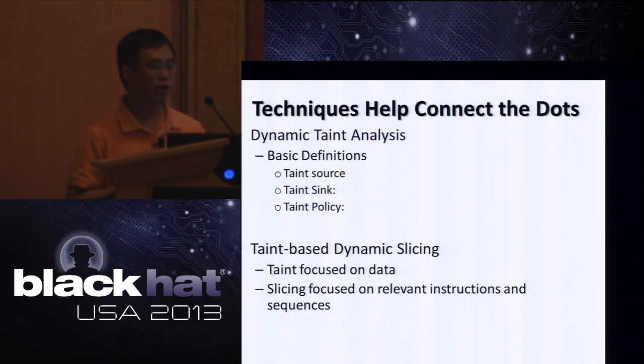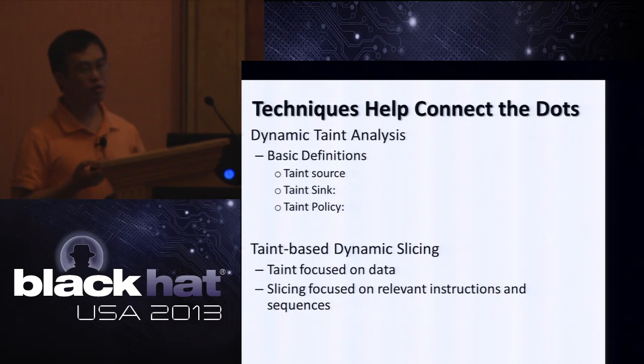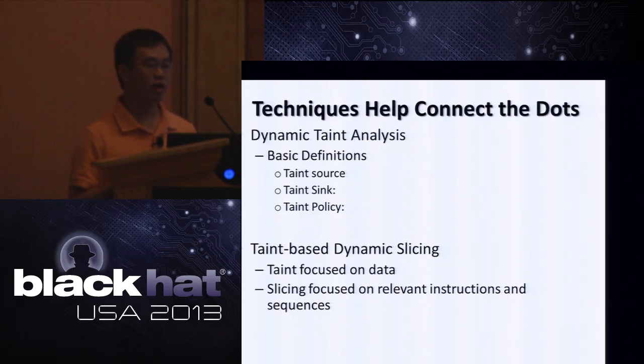Let's start with a few basic definitions. Taint source is the data you want to start with. Taint sink is the data you eventually care about. And taint policy is how the taint source might affect the sink.